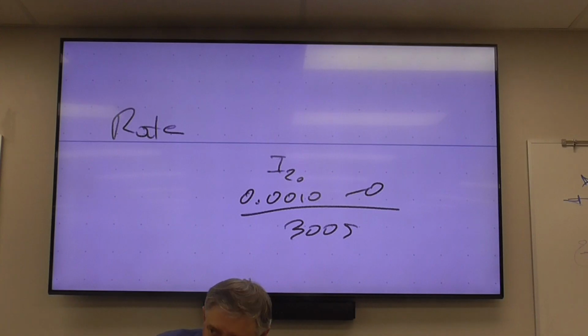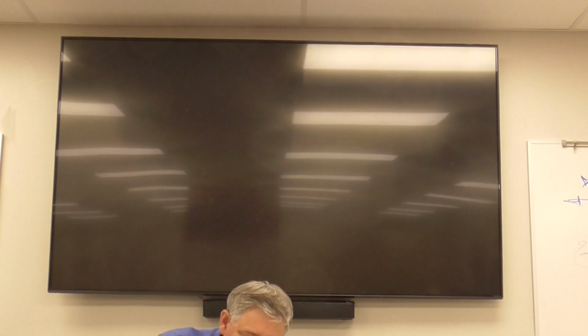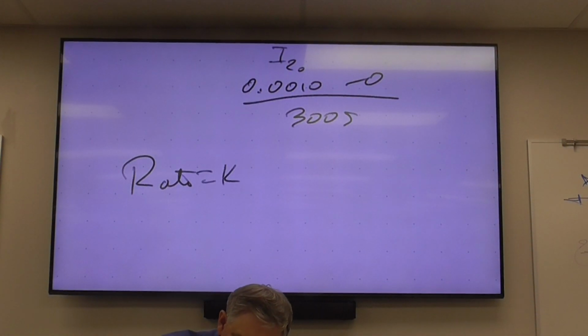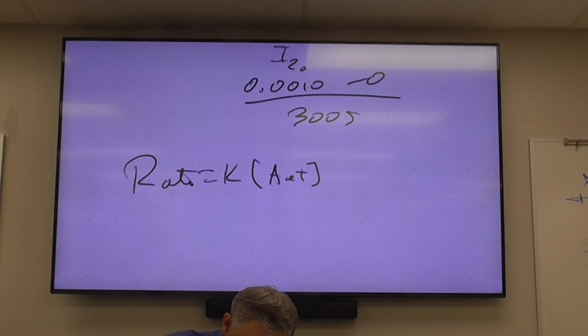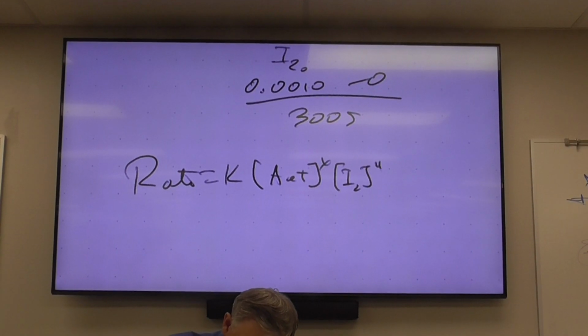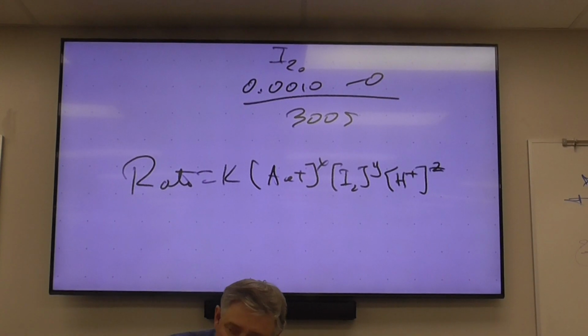So here's the whole point of this. Look at the bottom of page 4, and this is a formal lab write-up, which means you write out everything. When I wrote this, I said we're going to go through this step by step. The rate will be some value k times the concentration of the acetone raised to the x, times your I2 concentration raised to the y, and your hydronium ion concentration raised to the z.